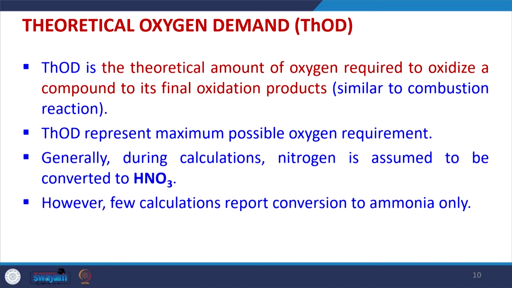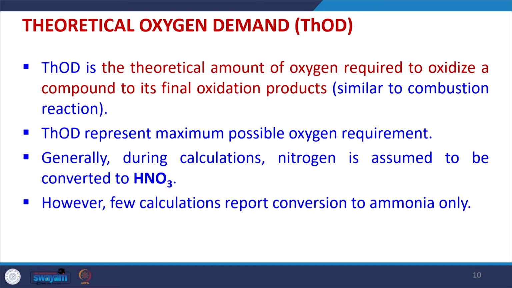Now, there is another term which can be used for estimating some things, and it is useful in places where we have to do calibration and other things. It is called theoretical oxygen demand. It is the theoretical amount of oxygen which will be required to oxidize a compound to its final oxidation state. So, it is similar to a combustion reaction.